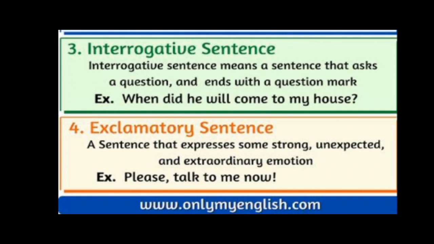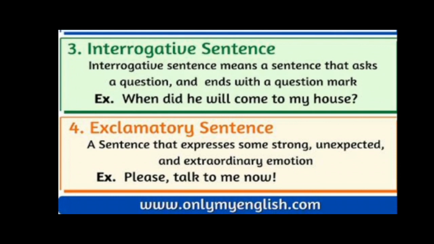Third form is interrogative. Interrogative sentences are sentences that ask a question and end with a question mark. For example, when will he come from the market, or how long does it take to finish this essay. So that is an interrogative.